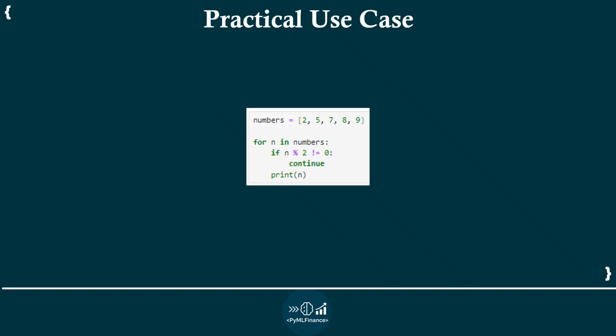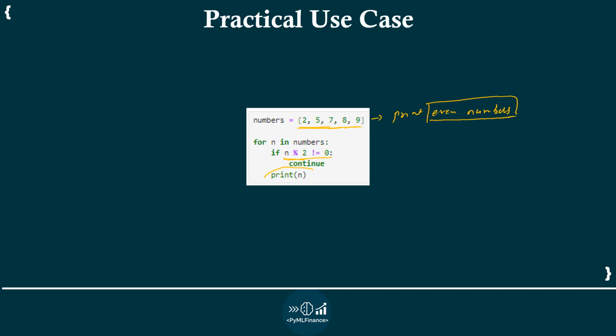Alright, now let's see a practical use case where we use the continue statement. Let's say you have a problem statement: you are given a list of numbers, and you have to print even numbers on the console. You are only interested in even numbers from the list. So we iterate over all the numbers in this list, and whenever the number is odd, we skip the printing.